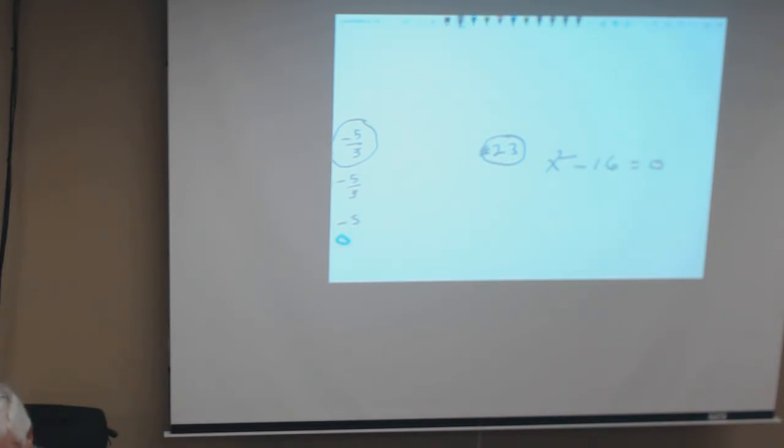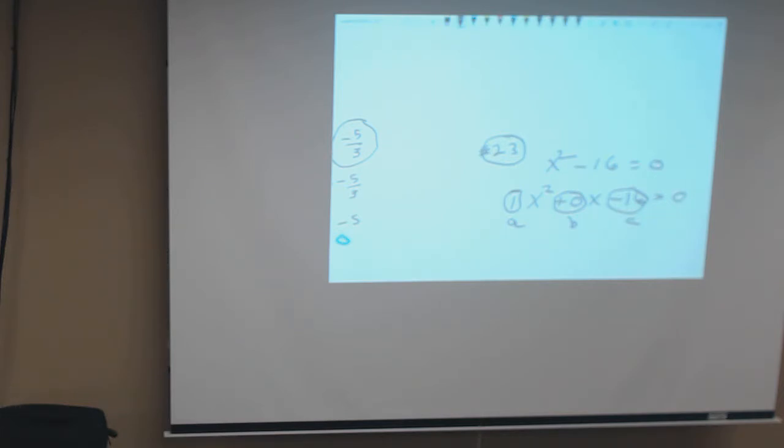If you're going to use the factoring trinomial calculator, it's going to ask you, see, that's x squared plus 0 times x minus 16. So this is 1, this is 0, and this is negative 16 for A, B, and C. You follow that? You have to know how to do that to put the numbers in. And then you put the numbers in, and it'll tell you.